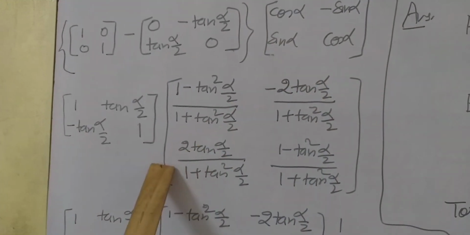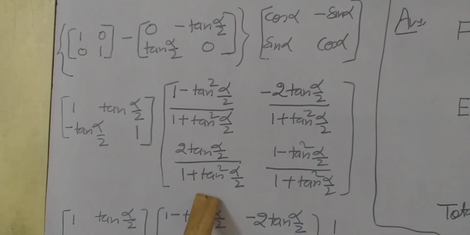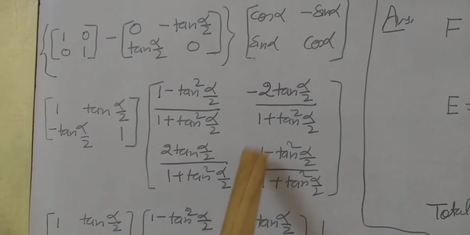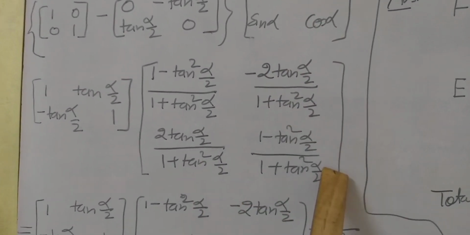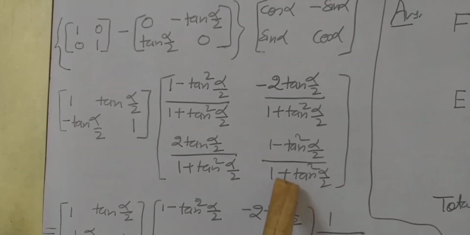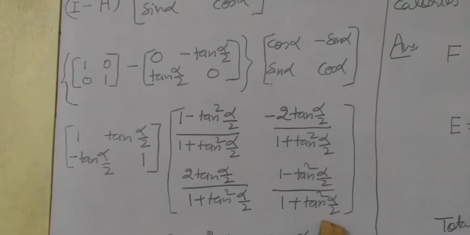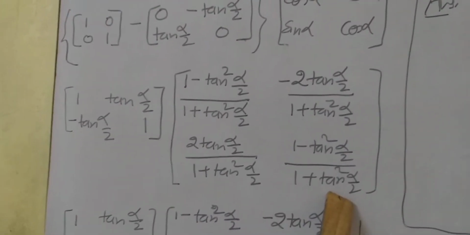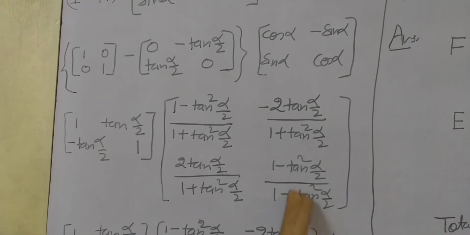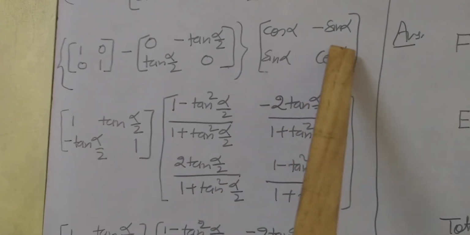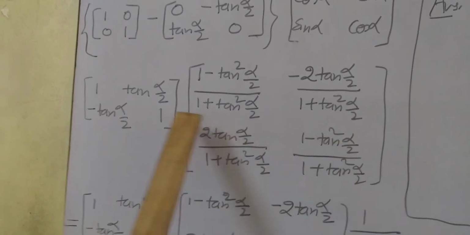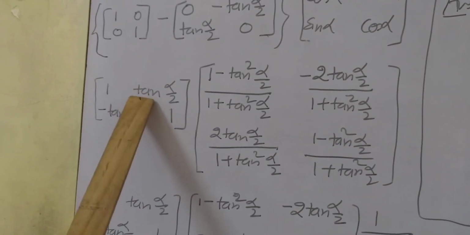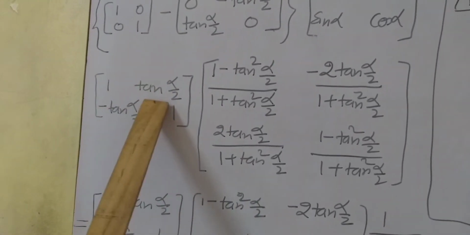Sin alpha equals to 2 tan alpha by 2 upon 1 plus tan square alpha by 2. Okay, students? Understood? We have used here identity of cos alpha and sin alpha in the form of tan because this matrix contains the element in form of tan.